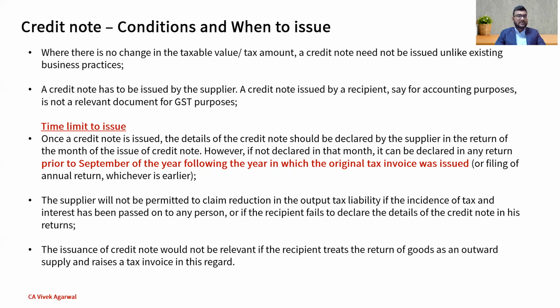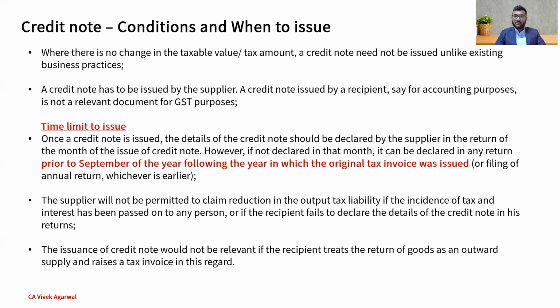However, if not declared in that month, it can be declared in any return prior to September of the following year in which the original tax invoice was issued, or filing of the annual return, whichever is earlier. A very important point to note here is that any credit note or any invoice which I am issuing today stands the limit of 6 months or 180 days from the expiry of any financial year.